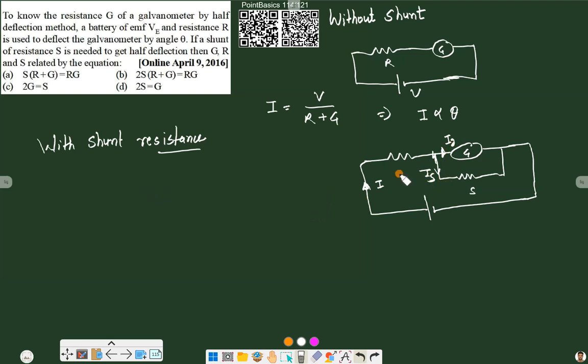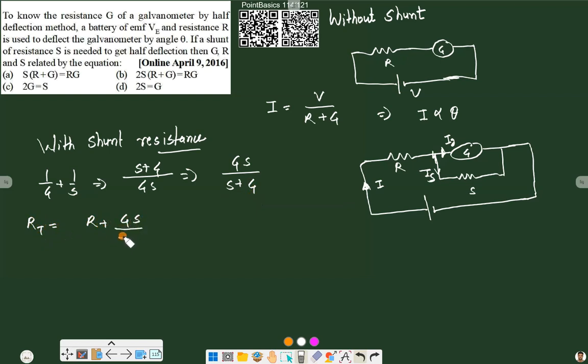So for I we need the total resistance of the circuit, that we have R and G and S in parallel. So first G and S we will solve for parallel, and then add them to R. So 1 by G plus 1 by S will give us (S plus G) by GS, or their final resistance in parallel will be equal to GS by S plus G, and total resistance of the circuit will be R plus GS by S plus G. This is the total resistance.